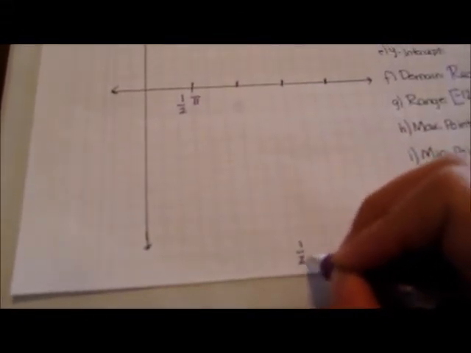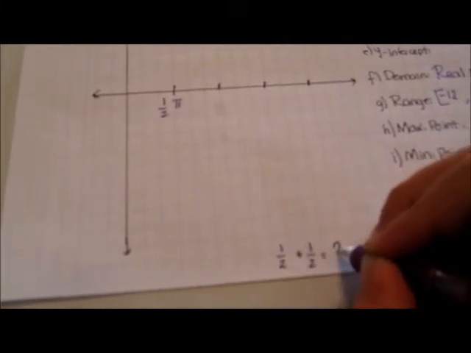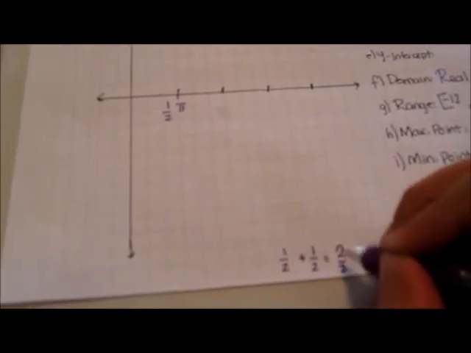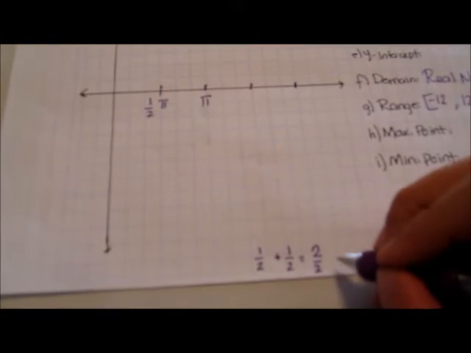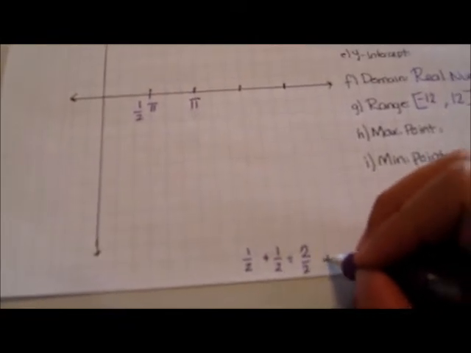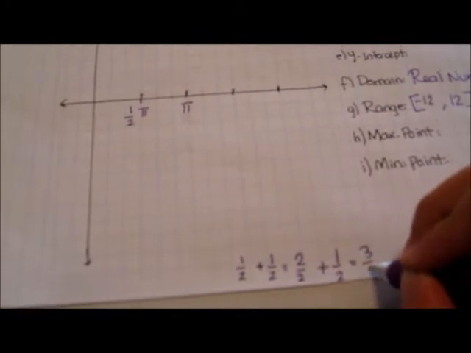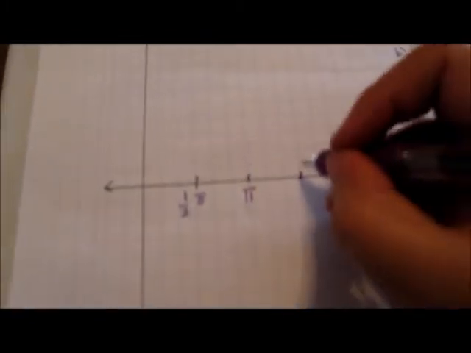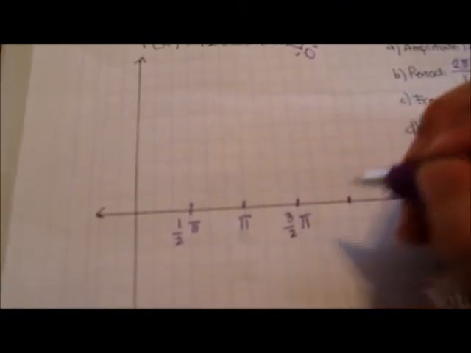So I will do it here. 1/2 plus 1/2 equals 2 halves. 2 halves equals 1. 1 what? Pi. Then 2 halves plus 1/2 equals 3 halves. This one is my third point, 3 halves of pi.